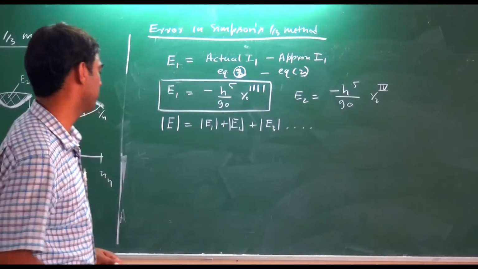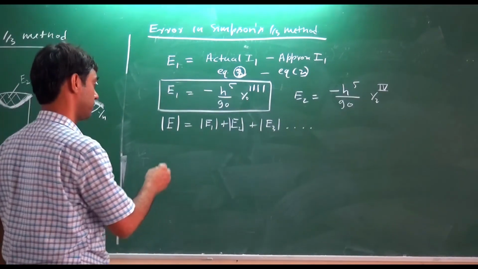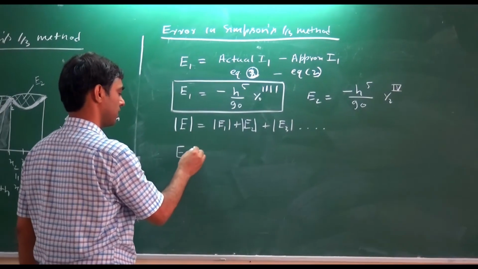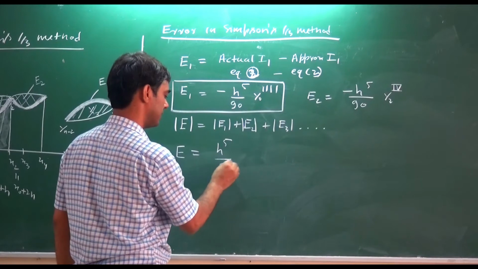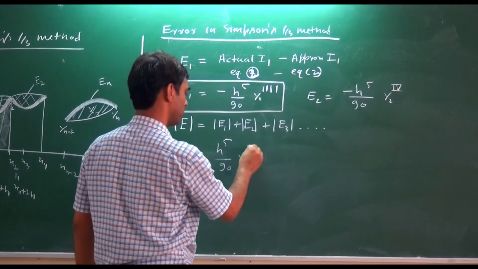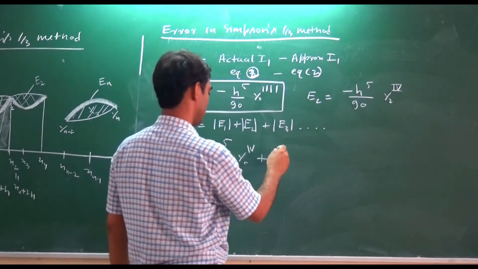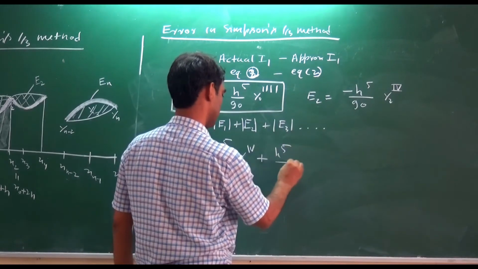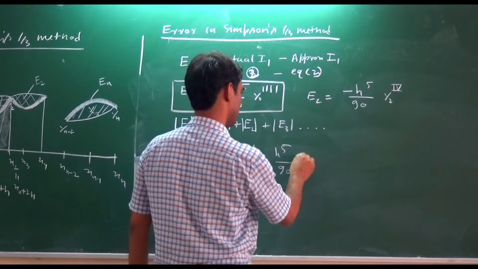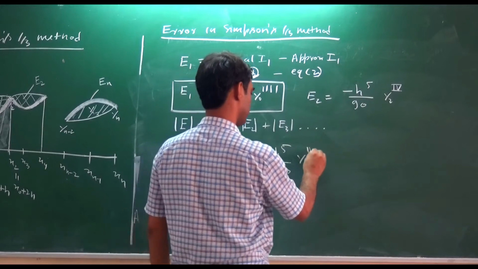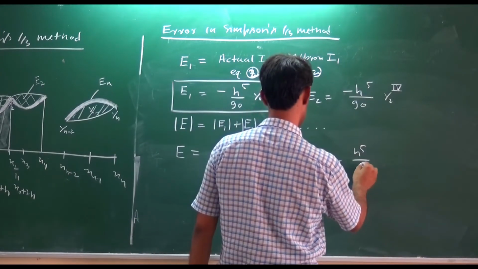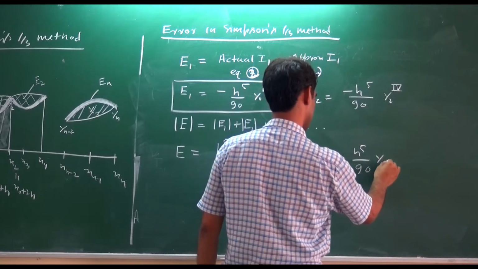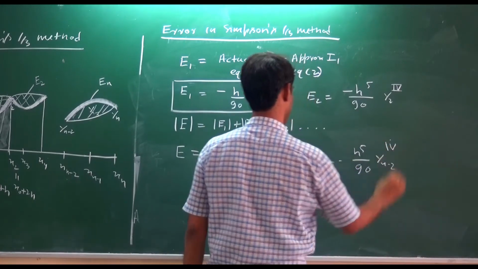We get here the mod of E equal to h to the power 5 by 90 y0^(4) plus h to the power 5 by 90 y2^(4), similarly h to the power 5 by 90 y_{n-2}^(4).